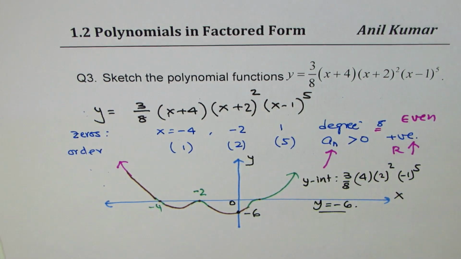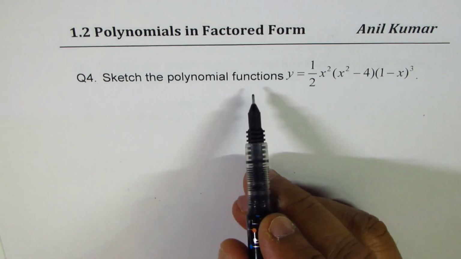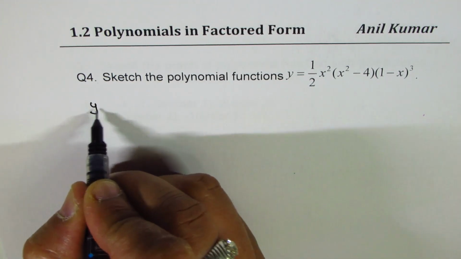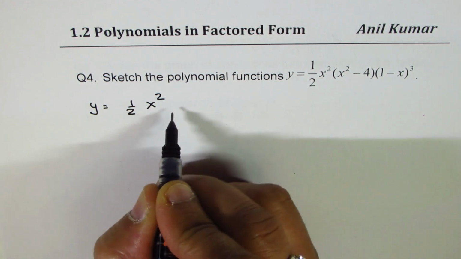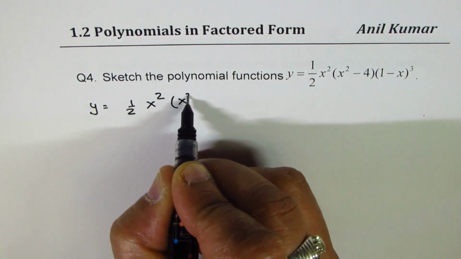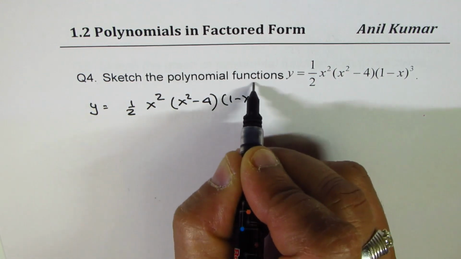Is it clear? Right? So that is how you're going to use all the information learned about leading coefficients, zeros, their multiplicities and order, and sketch the graph. Let's take one more example. Question number 4. Sketch the polynomial function y equals half x squared, so double zero at origin, times (x squared minus 4) times (1 minus x) whole cube.